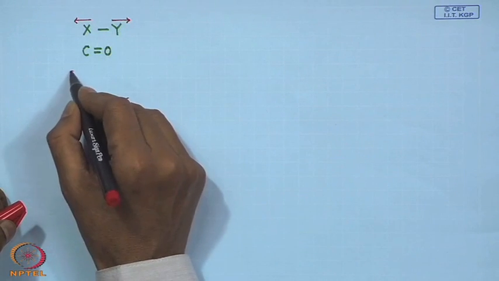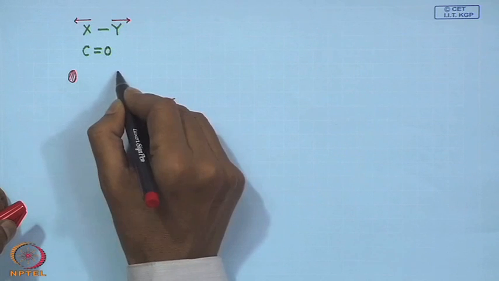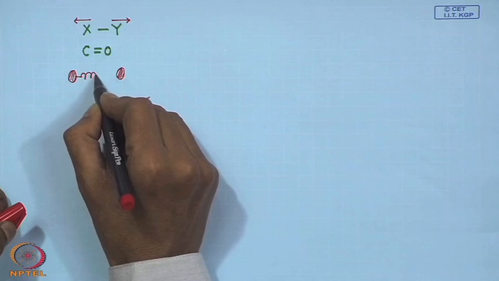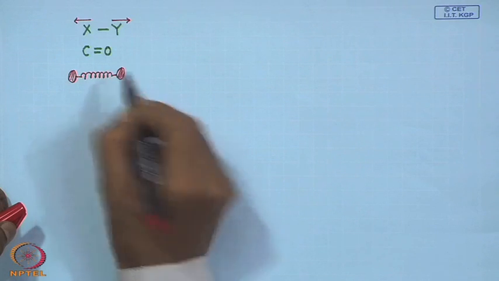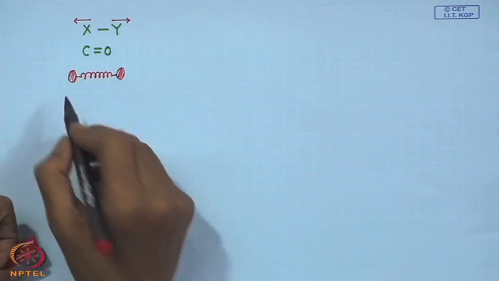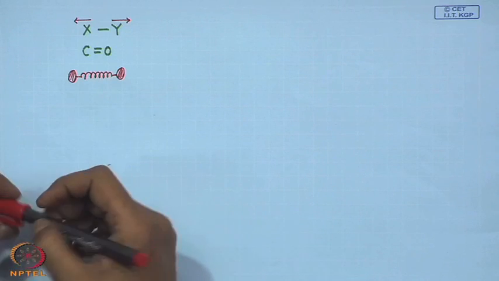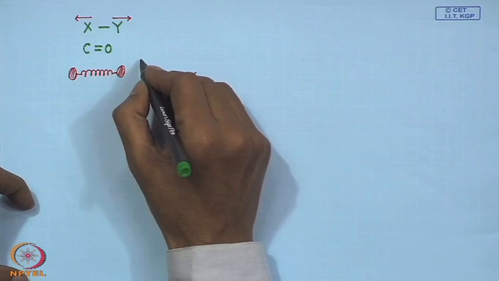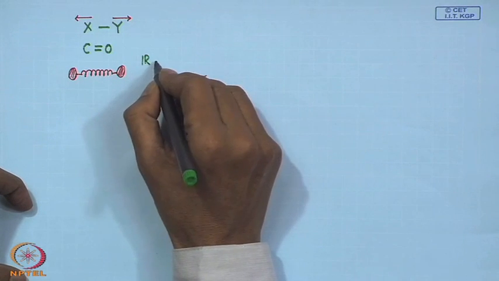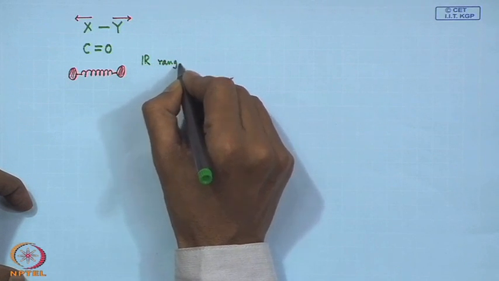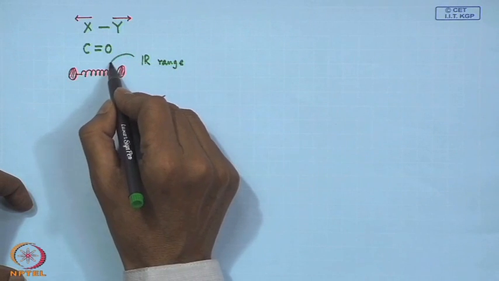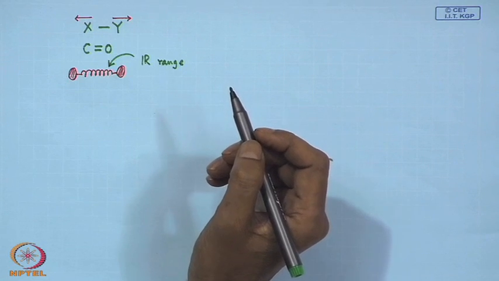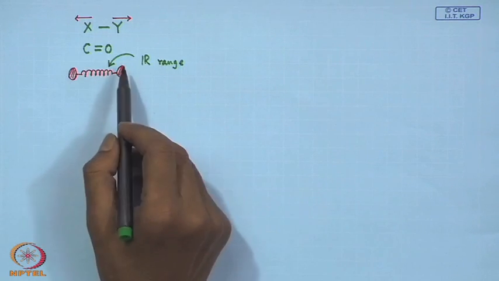So, we have 2 balls, X and Y, connected through a spring which is the corresponding bond. As we give radiation in the IR range, the IR frequencies can be absorbed by this particular bond stretching for the atoms which are connected together.